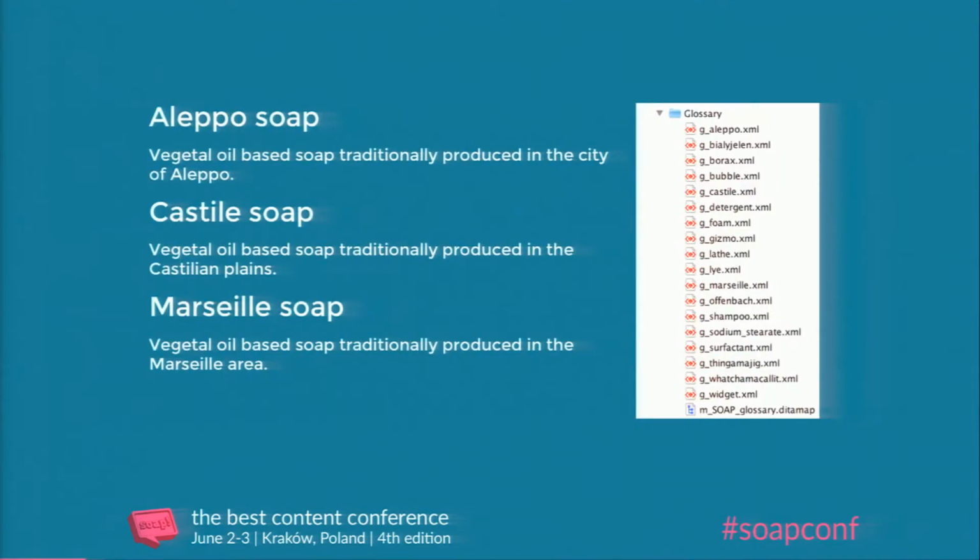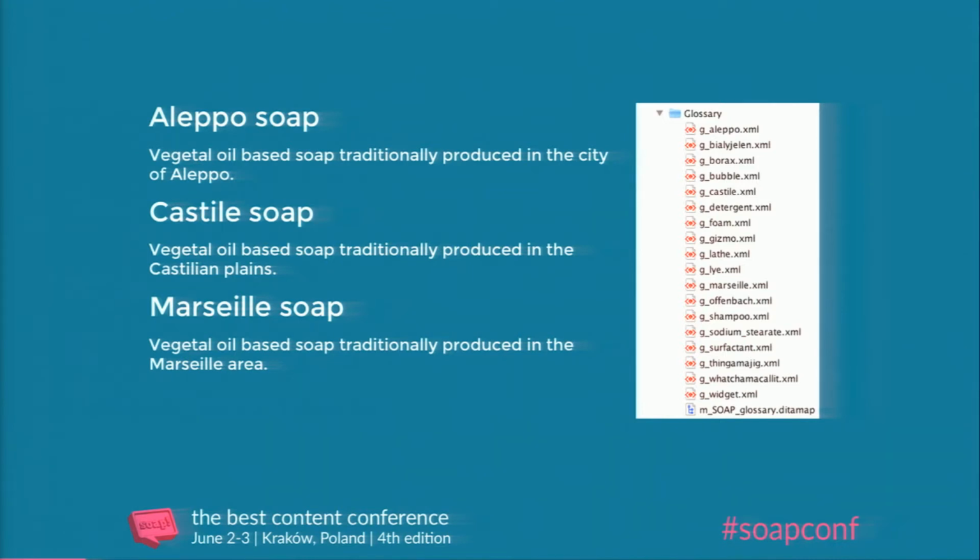Now, here is how the output of the glossary can look. This is very simple, just a term definition, term definition, term definition. We try to keep this SOAP style in our documentation. And now, DITA structures glossary terms as separate files. And you can see that on this right side here.